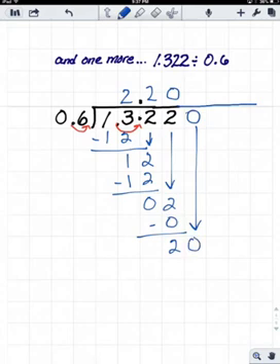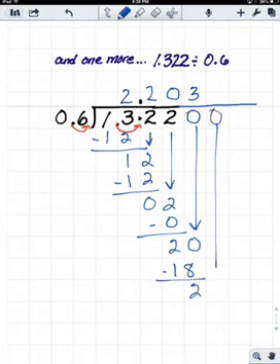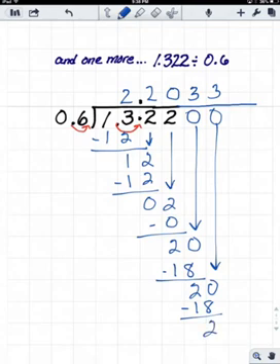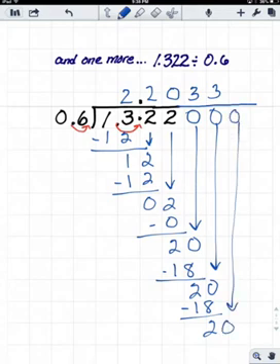6 goes into 20 3 times. 3 times 6 is 18. Subtract, I get a 2. Another 0. 6 goes into 20 3 times. Multiply 18. Subtract, I get another 2. Hopefully we see that we are now starting to repeat, because if I did another 0, I get 20 again, and I would get 3 again, and 18, and so on.